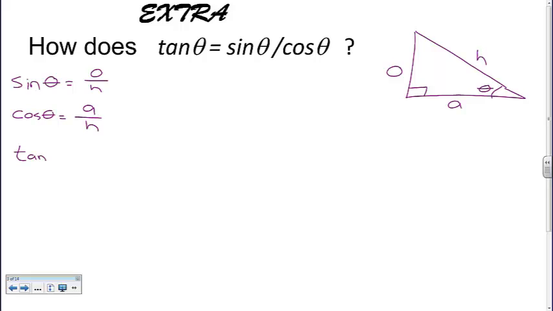Finally, we know that tangent of theta is going to be equal to the opposite over the adjacent. If I look at the cosine of theta, I can easily take the reciprocal, 1 over cosine theta, and say that its ratio is equal to the hypotenuse over the adjacent.